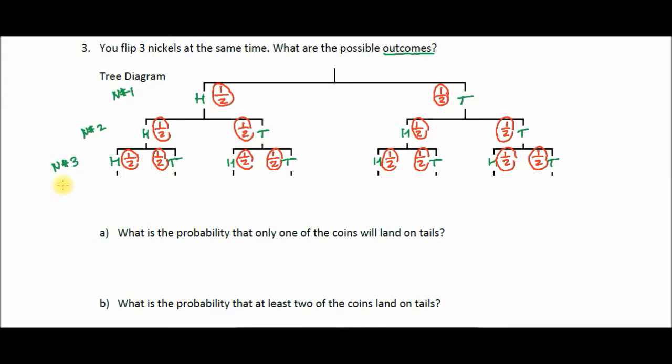I'll write that out for the first one so you see that this is 1/2 times 1/2 times 1/2, which is 1 times 1 times 1 over 2 times 2 times 2, which is 1/8. So we have a probability of landing on heads all 3 times of 1/8. And in fact, if you look at every branch, landing on heads, heads, tails, it's also 1/2 times 1/2 times 1/2.